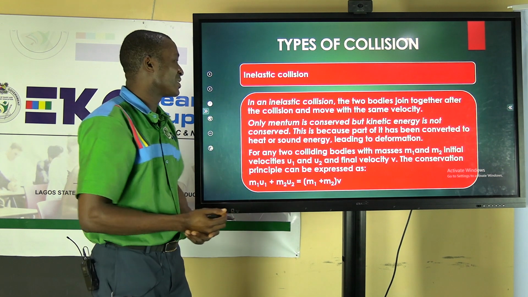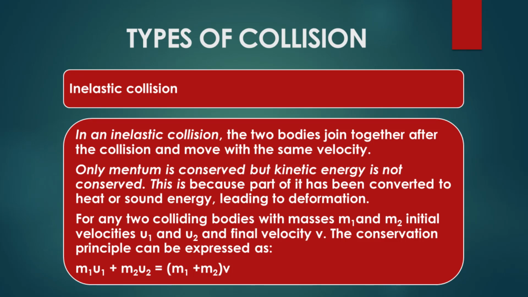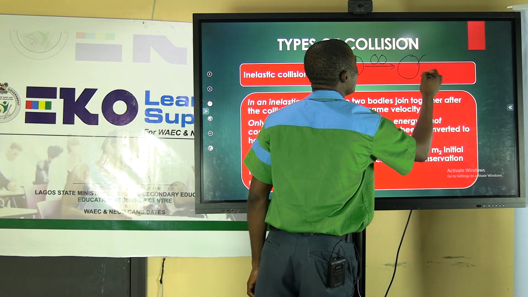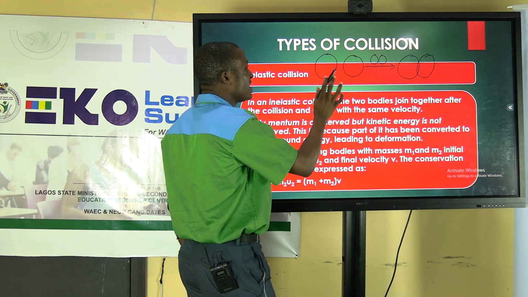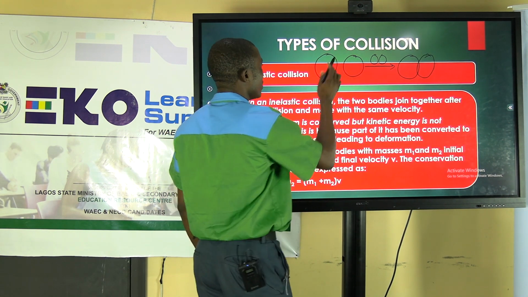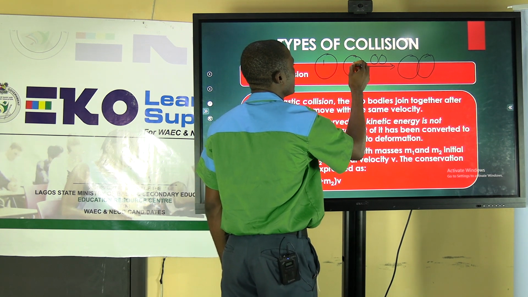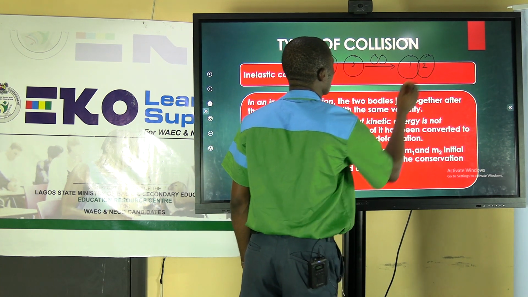Now, for inelastic collision, what happens is that once the objects collide, they stick together. So this is an inelastic collision. This is object 1, object 2.